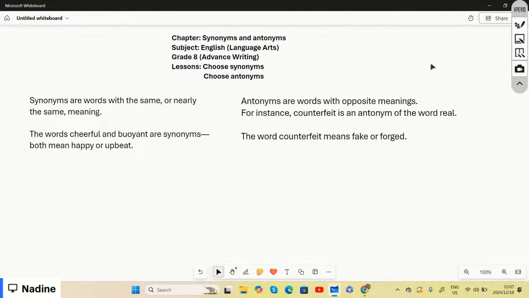We're doing grade 8, basically grade 8 advanced writing.